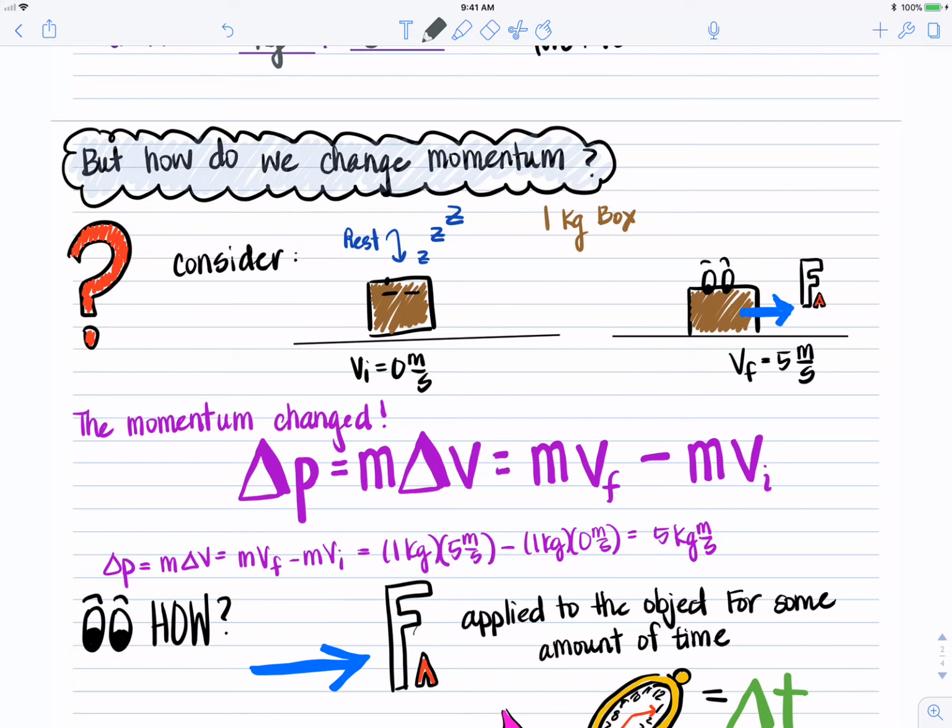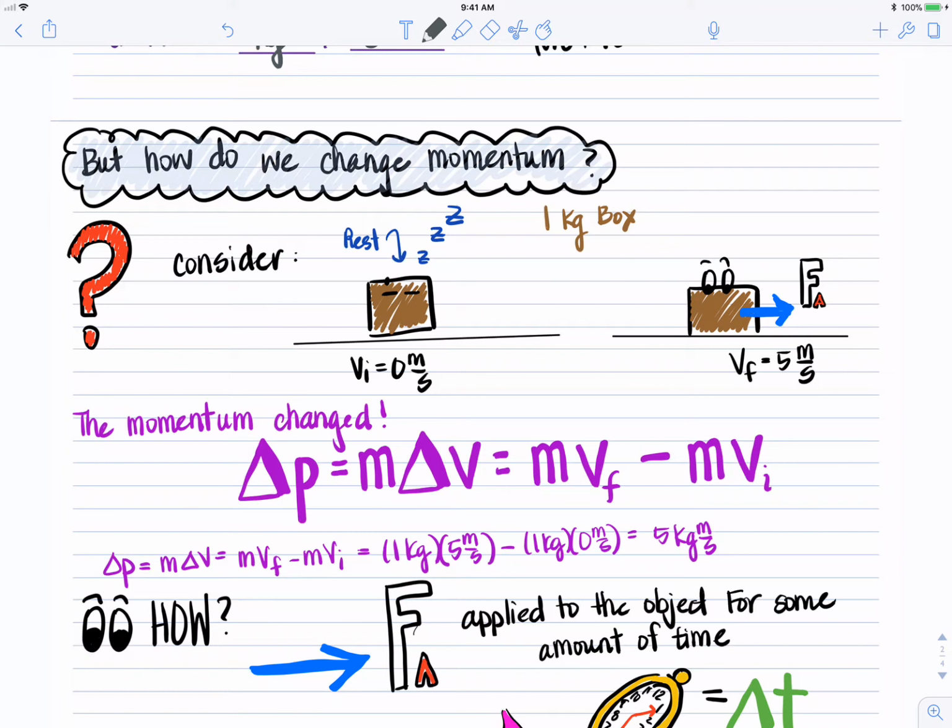So now we can take this information of mass, initial velocity, and final velocity, and we can figure out how momentum changed, how much it changed by, and why it changed to begin with. Well, we can look at delta P, which is the change in momentum, as m times the change in v.